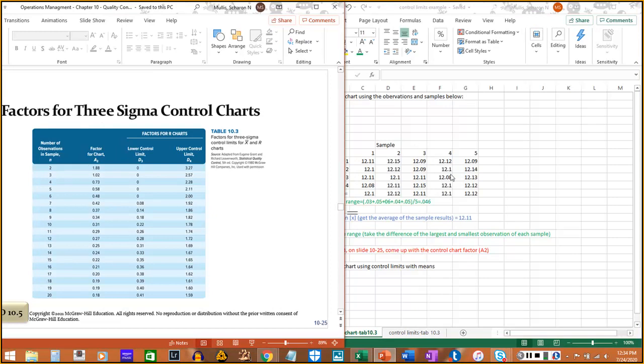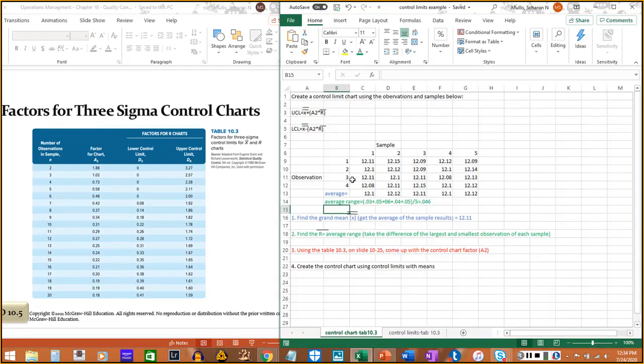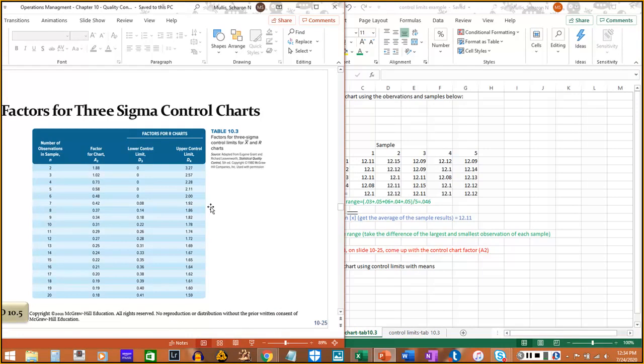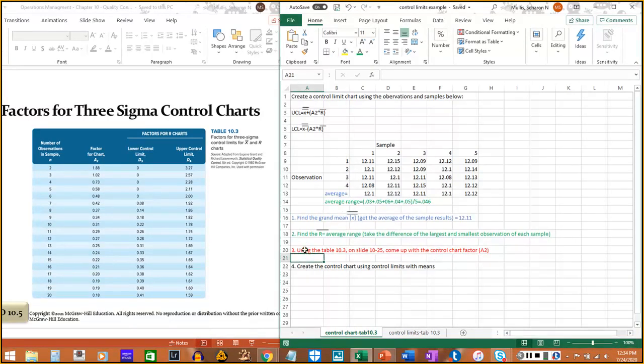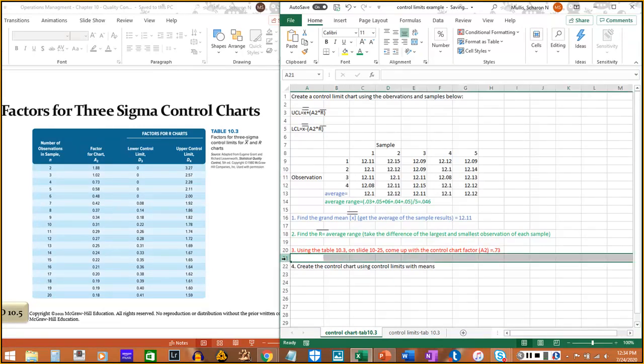We have 4 observations, so we go down to 4 on the chart, and that gives us 0.73. After we get that, we can come up with our control limits.